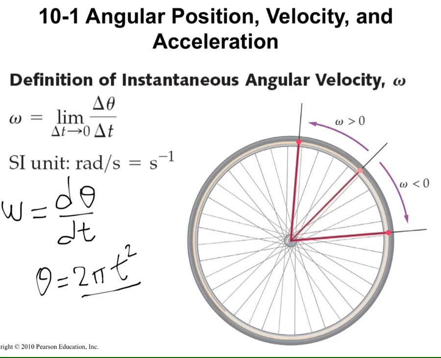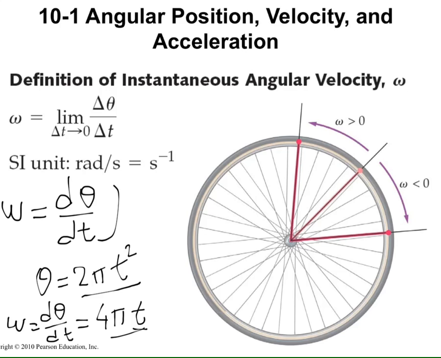You can calculate it by taking the derivative of theta with respect to time, and it makes 4 pi times t. The angular velocity is also changing in time because it is a function of time. This is the instantaneous angular velocity.